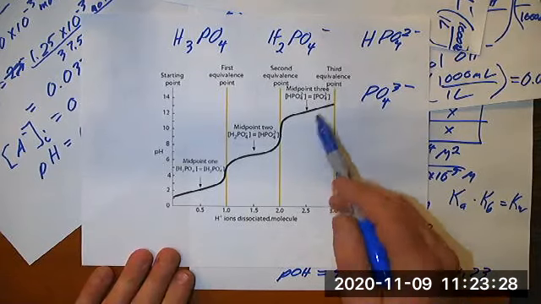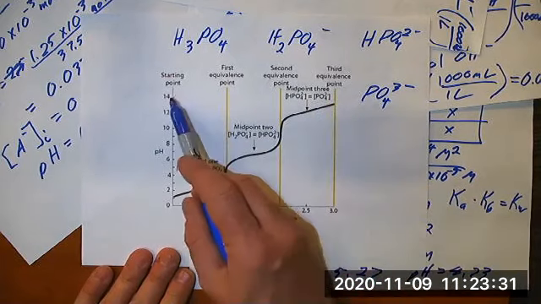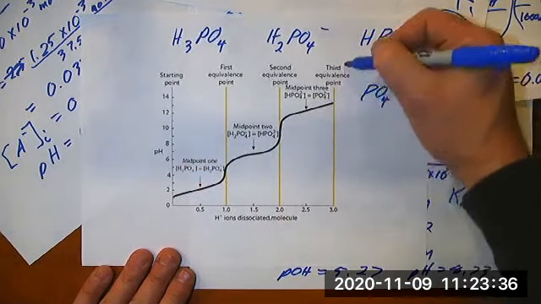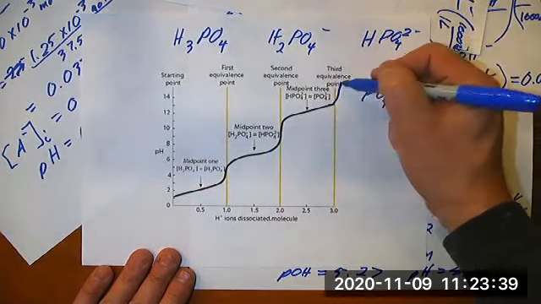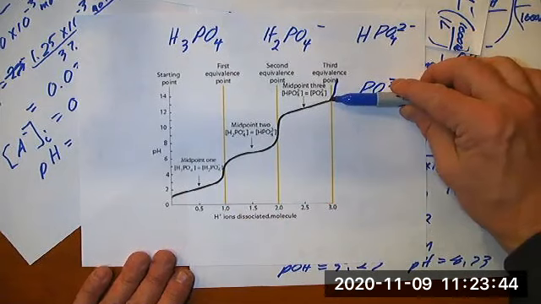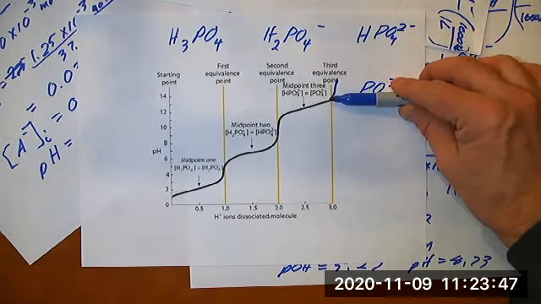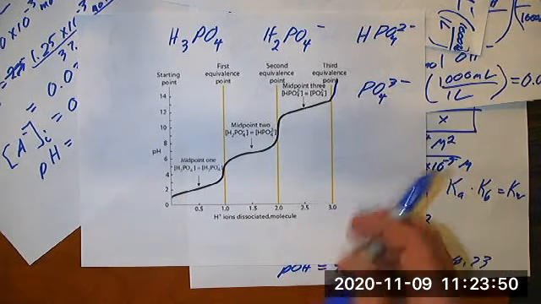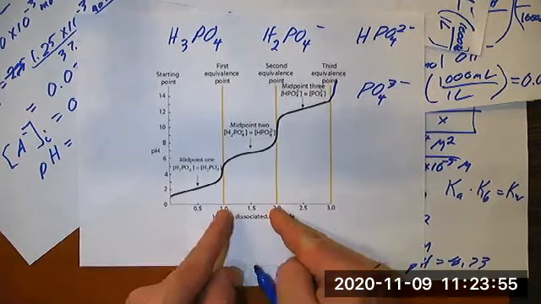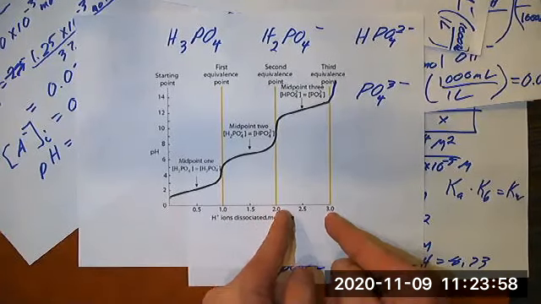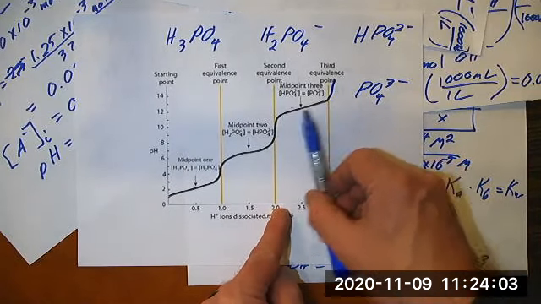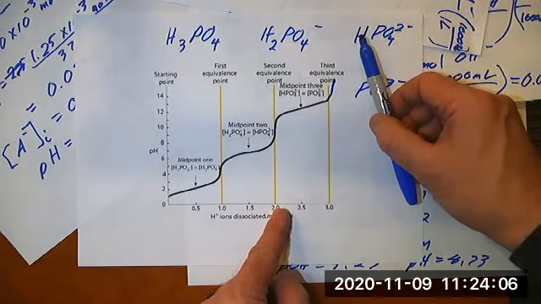Now, once you get to this region up here where the pH is approaching 14, you'll notice that we're not getting a similar line going up as we do on the other two. That's because simply we're running up against the highest pH that you can really get in water in these cases. But if you determine that this is the first equivalence point, this is the second equivalence point, this distance should be equal to this distance, and they should also be equal to this distance, so you can identify where the third equivalence point is that way, even without seeing the curve go up.